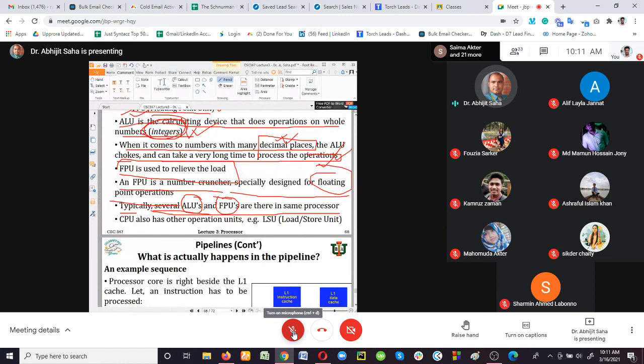As I said, different processors have different designs, and different processors are designed for different systems. We know there is the desktop computer, laptop computer, mainframe computer, mini computer, and supercomputer.